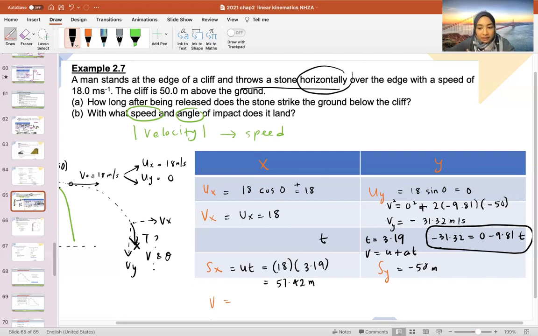So untuk Najla and everyone else yang confused about time in this case, Daphne dah solve for time in the y. Kita boleh terus pakai time yang sama, which is 3.19 seconds. So does it mean that I have to solve the time in terms of x values? Tak semestinya. Walaupun saya letak time dalam x punya column, I can actually solve for time in the y. Boleh.